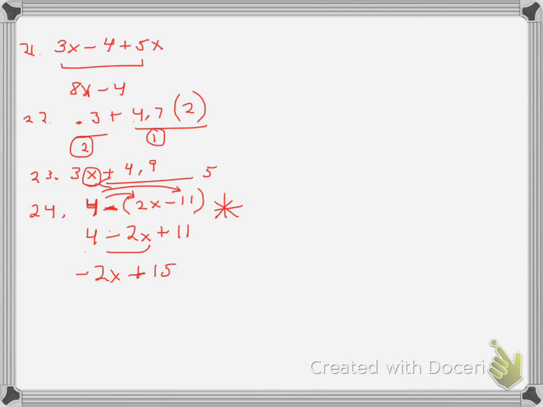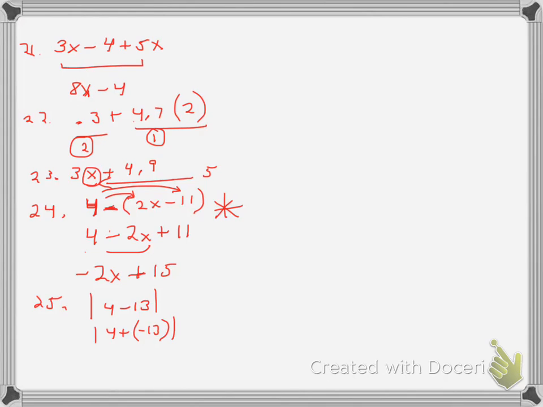Now number 25 takes the absolute value of 4 minus 13. 4 minus 13 is the same as 4 plus a negative 13 within the absolute value sign. So I'm simplifying what's in the absolute value before I take the absolute value of it.